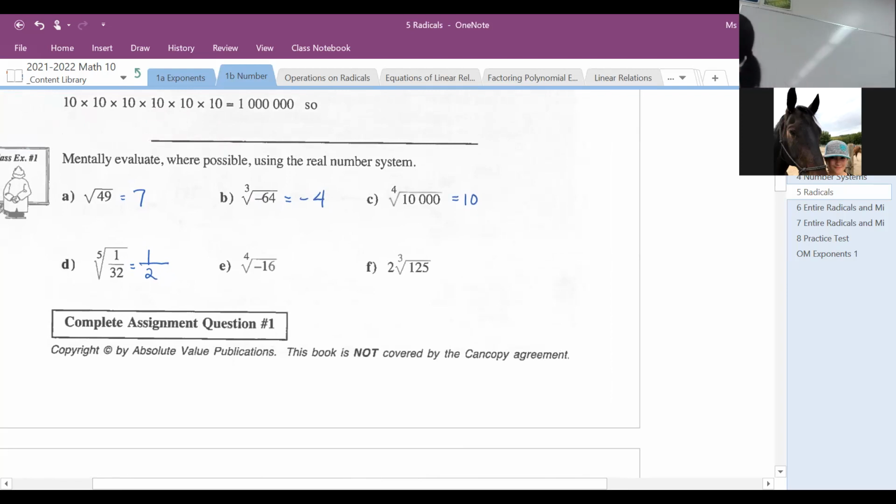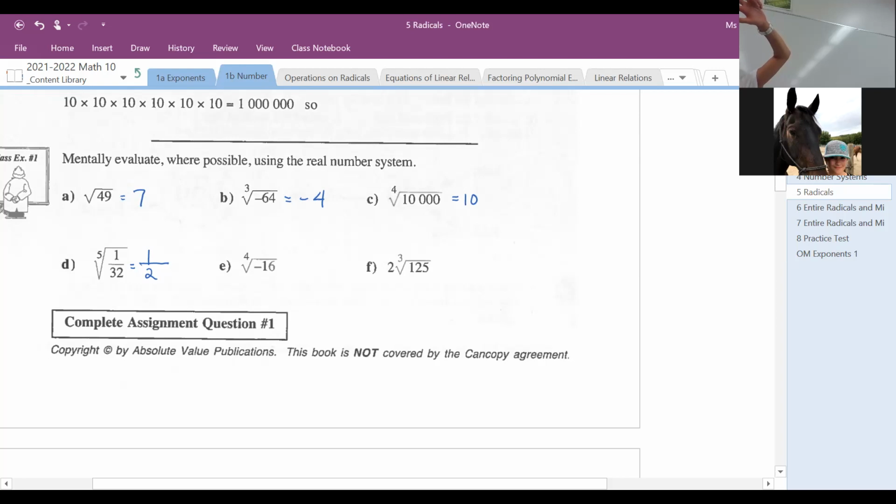Okay, the 4th root of negative 16. Can we do it? No, but if you have negative, that's a good idea because the 4th root of 16 is 2. But what's negative 2 times negative 2?